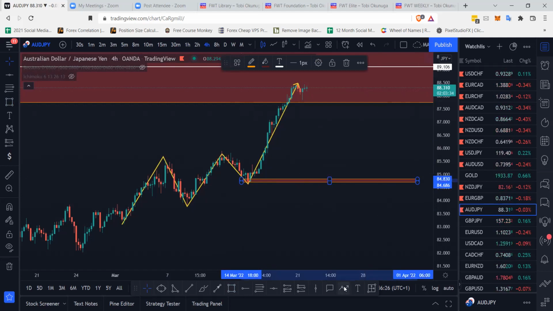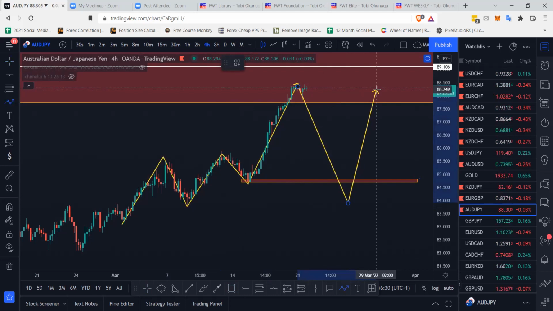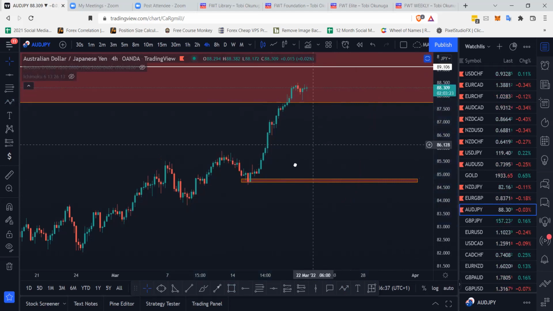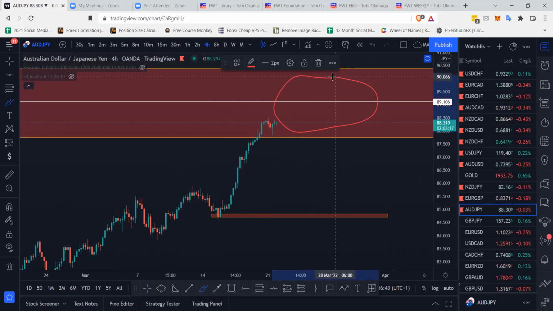That means price will need to come down here and then come back up, which is unreasonable. So I'm anticipating a lot of moves that will occur in this supply zone that will properly print the setup that we are looking for.